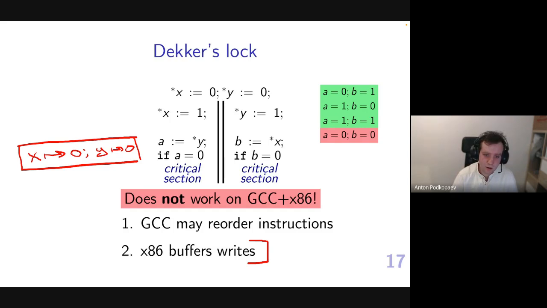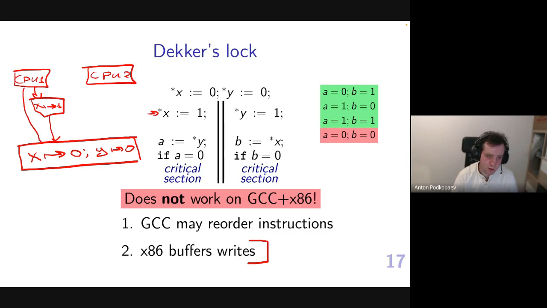Then suppose we have our CPU 1 and CPU 2. So once CPU 1 tries to perform this instruction, instead of writing directly to memory, it writes to some write buffer, which later might be flushed to memory.